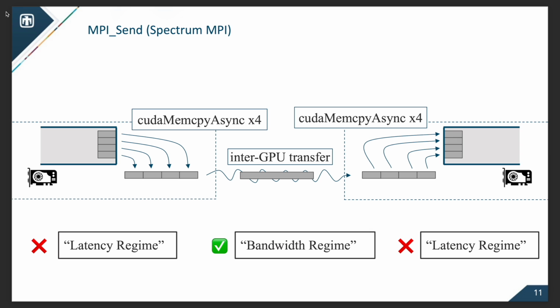Here I'm showing 4 small blocks being combined into a large one, but in an actual application, you might have millions of these CUDA memcpy async operations on millions of small blocks.